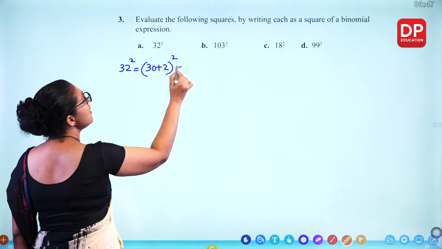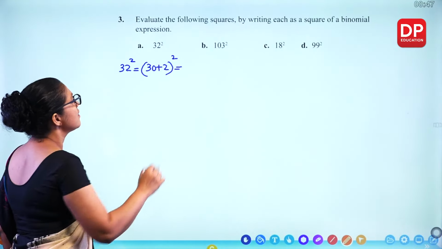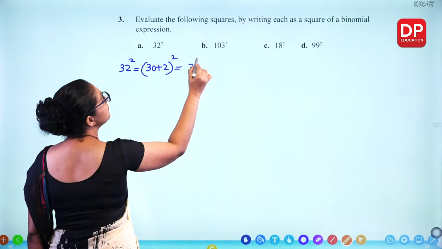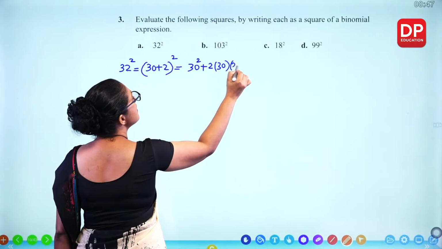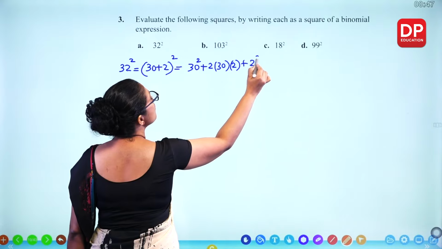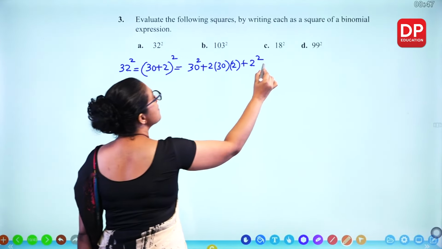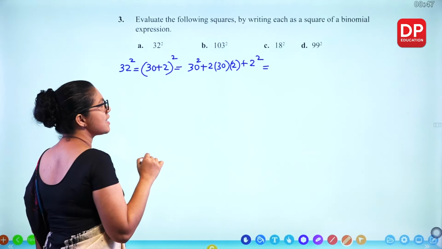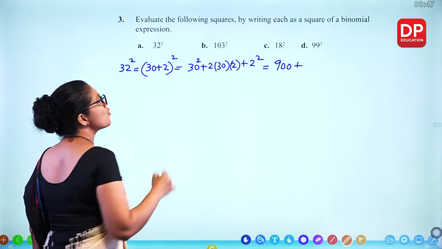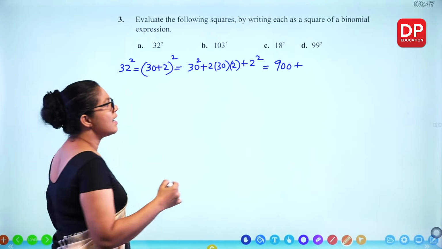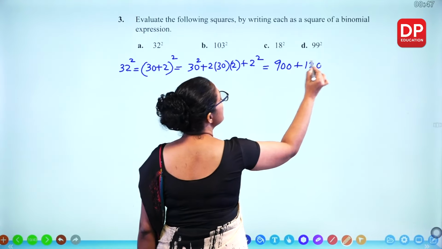Now use the pattern: first term squared, double of the first term and the last term, and the last term squared. So what you get? 30 times 30, 900. 2 times 2, 4. 4 times 30, 120.